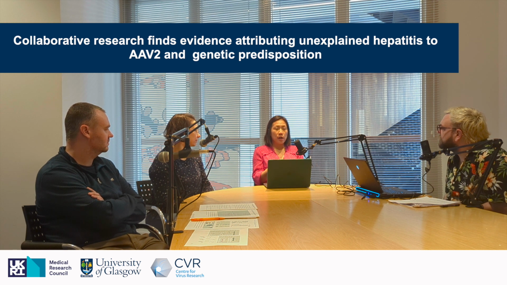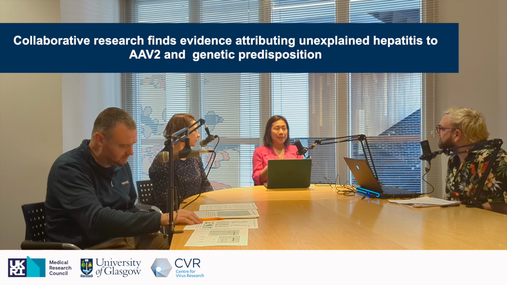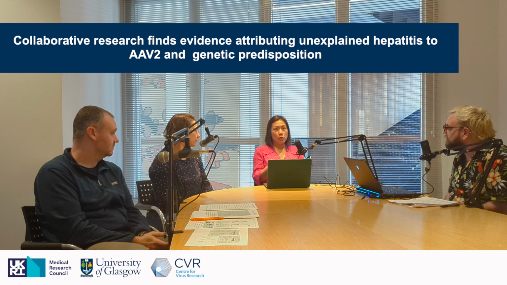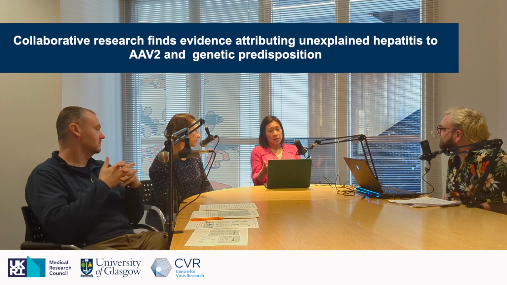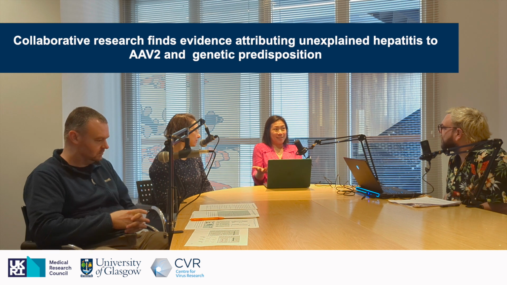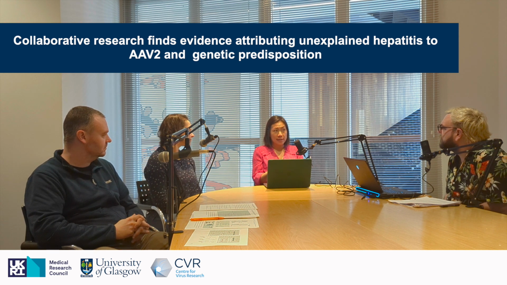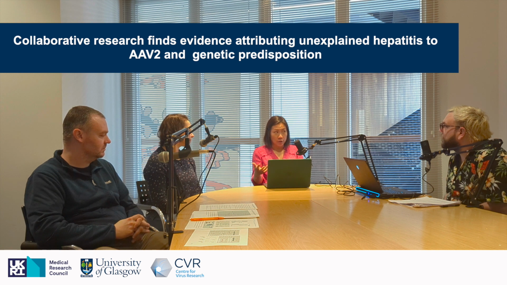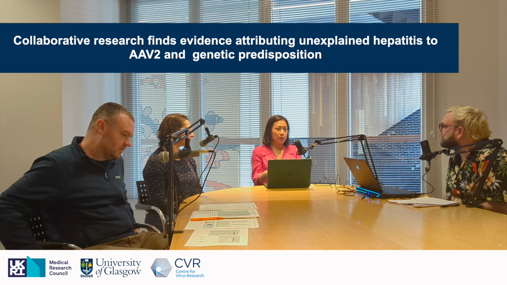Group 2 were children who had adenovirus infection but didn't have hepatitis. Would you find AAV2 in kids that have adenovirus? We had never tested for that before. The third group were children that had hepatitis for other causes, not adenovirus, to see whether it's just something that happens if you have hepatitis and you reactivate AAV2.